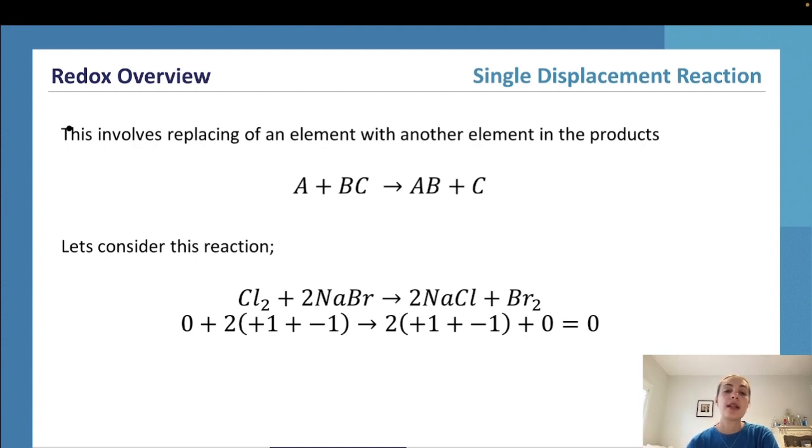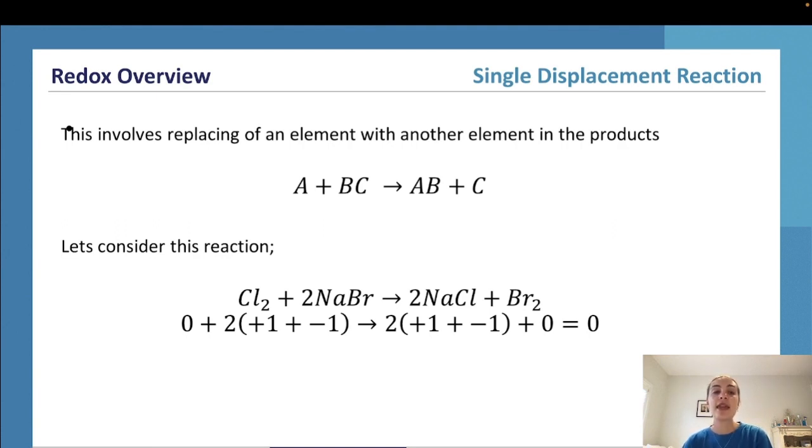So we could consider if we have A plus BC, we do a swap over and we end up with AB plus C. So a really good example that we've got here is Cl2, so that's chlorine gas, plus 2 NaBr, so 2 sodium bromides, and then we've had a single displacement reaction which has resulted in the formation of 2 sodium chloride, or NaCl, molecules and bromine gas, or Br2.